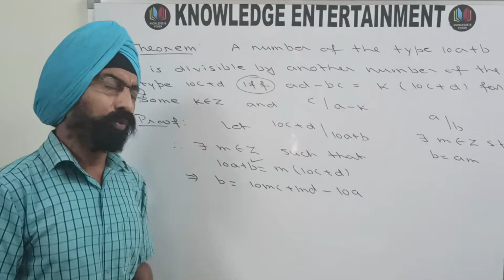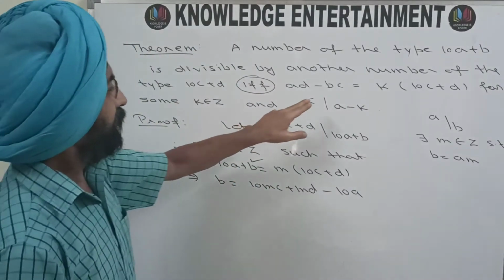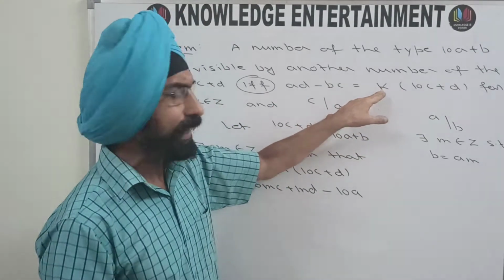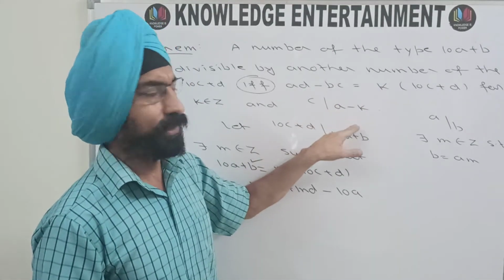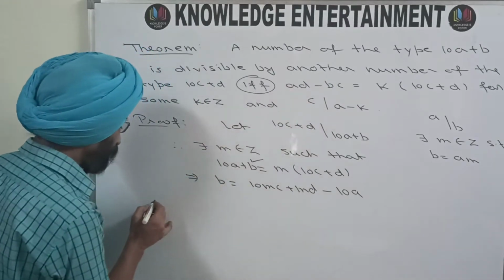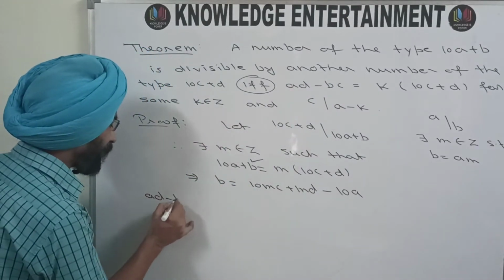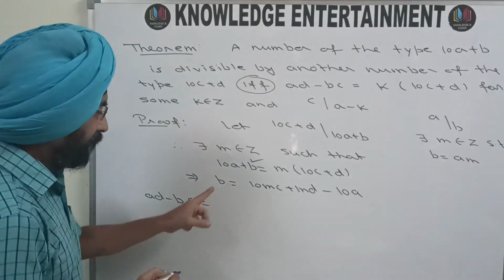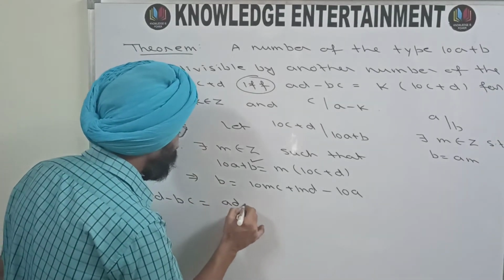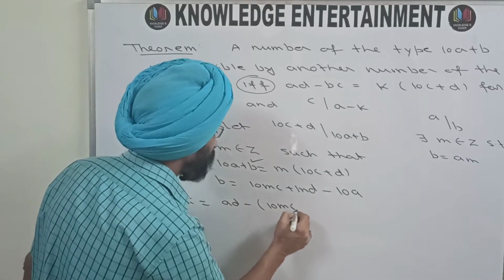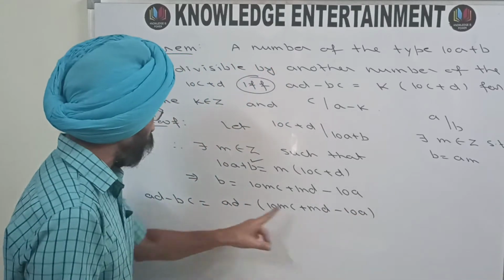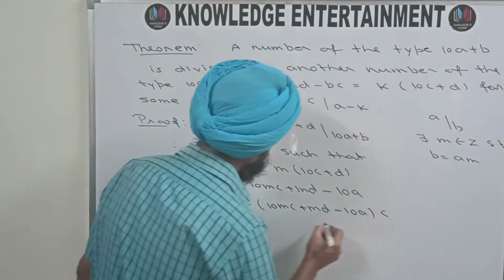Now what I want to prove is that ad minus bc is divisible by 10c plus d, and that there will be some integer k which will satisfy this condition. So I'll solve this expression ad minus bc. Now substitute this value of b here. What you are going to get is ad minus (10mc plus md minus 10a) multiplied by c.